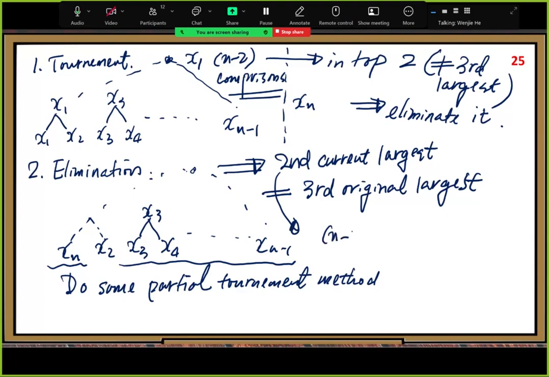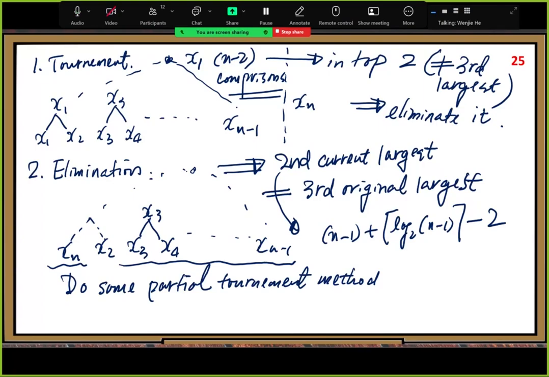The formula: number of elements n minus 1 plus ceiling function log base 2 of n minus 1 minus 2. But you didn't do a complete search for the second largest. You did a partial one, and you have a certain number of comparisons you already know. You do not need to do them again.